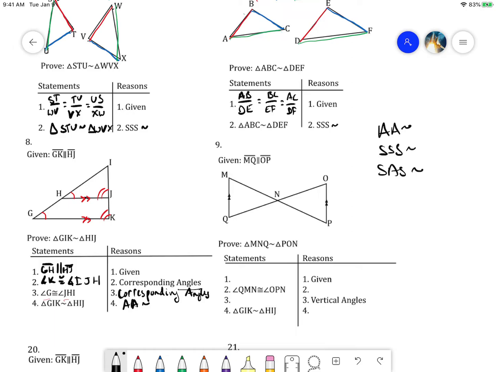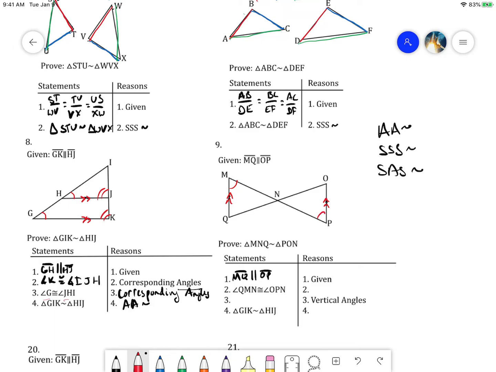Let's look at number 9. Okay. Number 9, same thing. We're given that MQ is parallel to OP, and that's our given. Okay. And then the next statement says that angle QMN is going to be congruent to angle OPN.